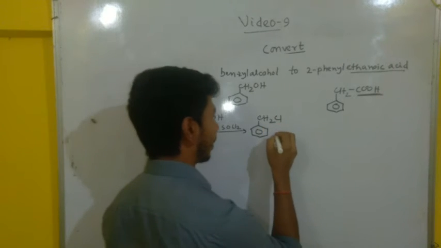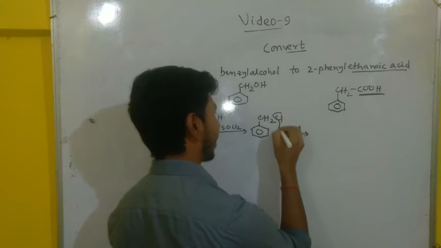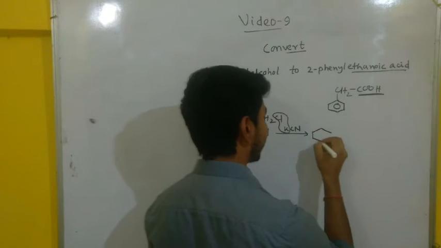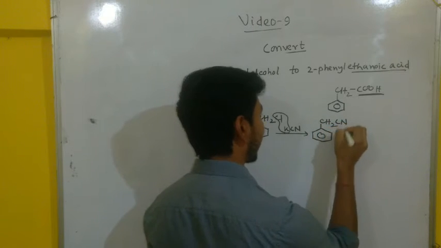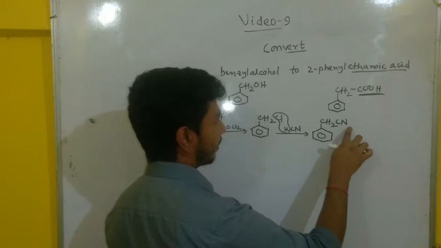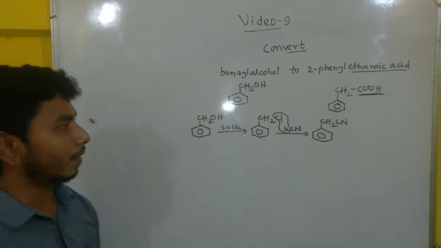Now this CH2Cl on reaction with KCN, KCl is removed. So now it is benzene CH2CN. Now there is CN. Now from this CN we have to convert it to the carboxylic group.